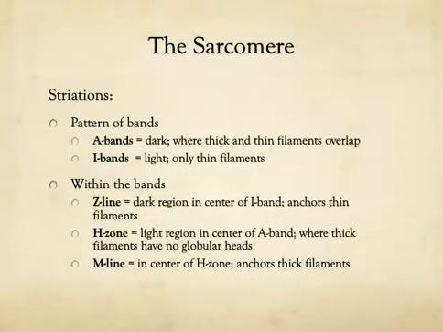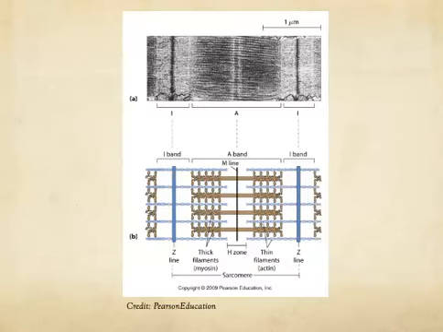Let's take a look at these anatomical locations inside of a sarcomere. At the bottom of this slide, you're looking at a drawing of a sarcomere, again in 2 dimensions. And up at the top, you're looking at a sarcomere underneath an electron microscope. Remember, when we looked at the drawing of the myofibril, we said that sarcomeres run from one bright red line to the next bright red line. Well, in the drawing down below here, those bright red lines would be located here and here.